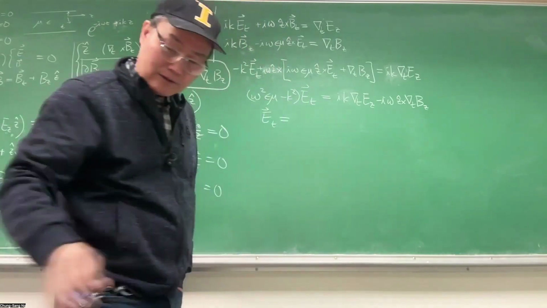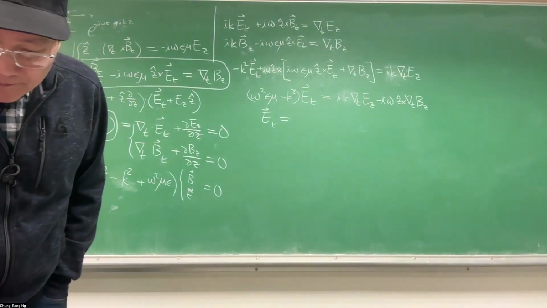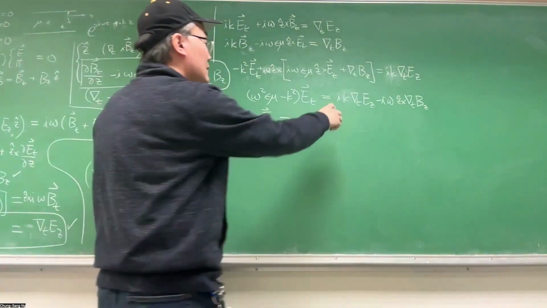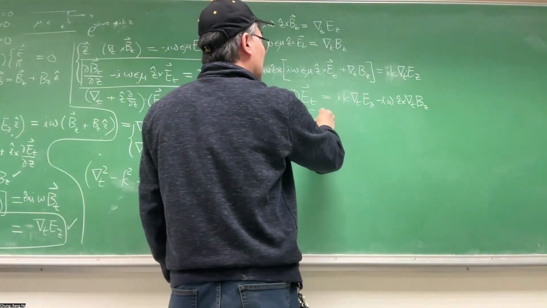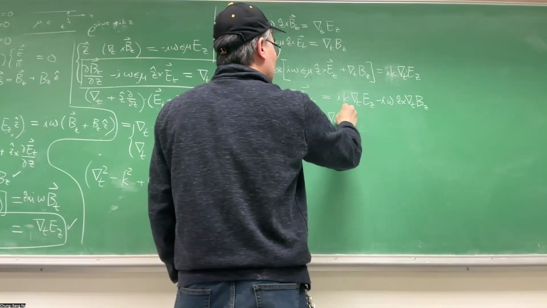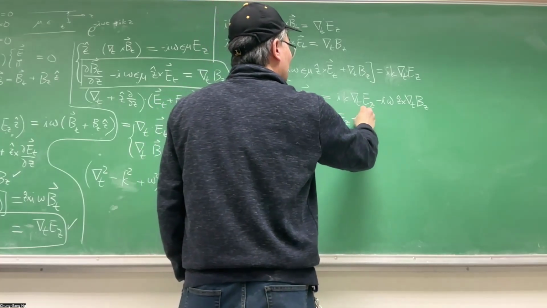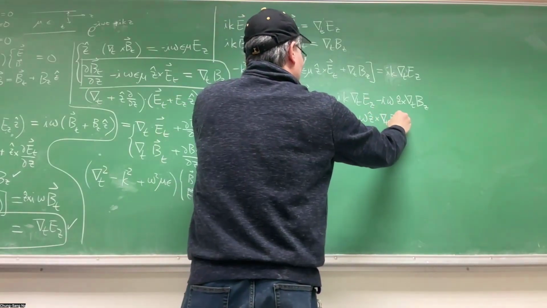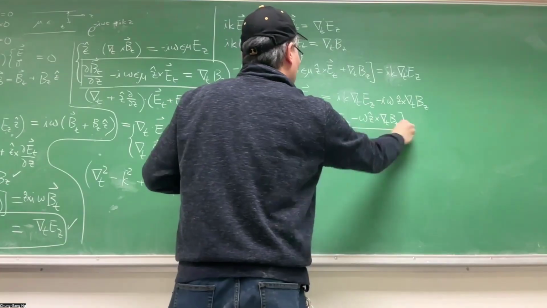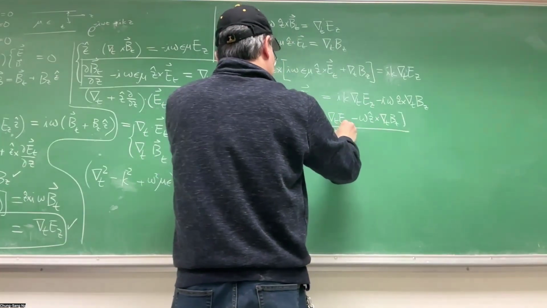So that's, and you have i as common factor, and then you have k minus, and divided by the denominator.